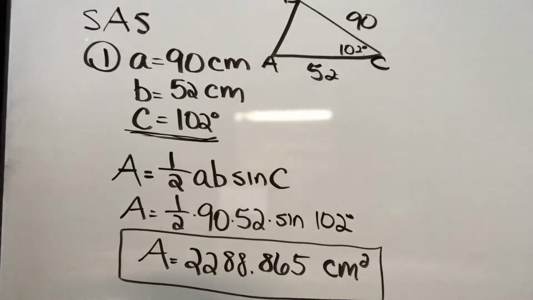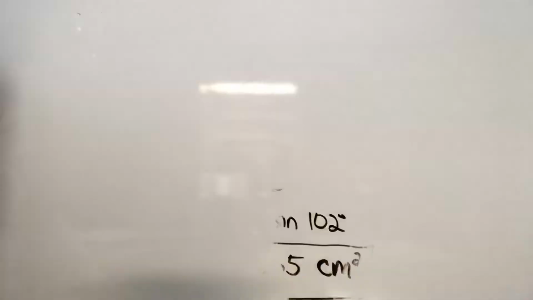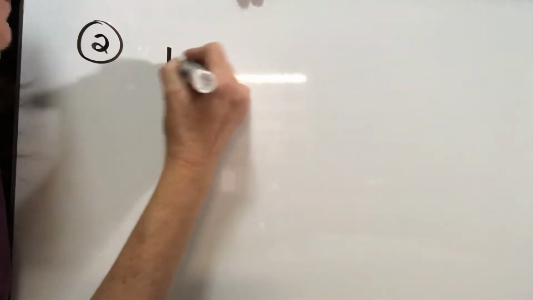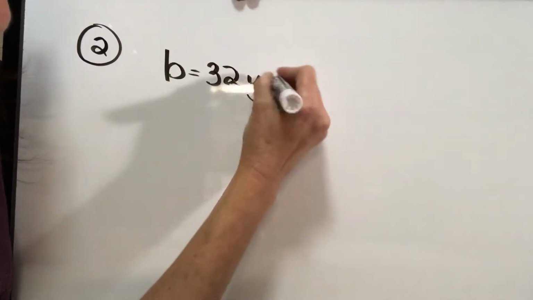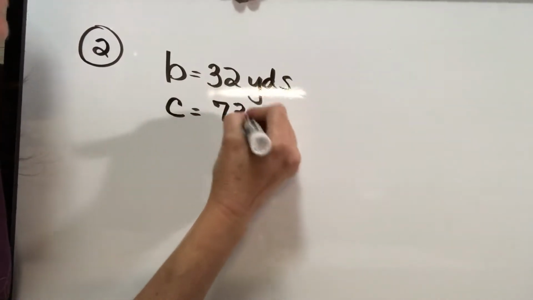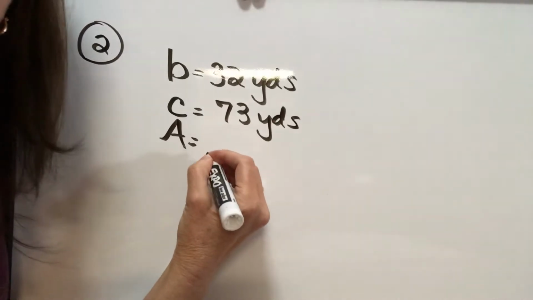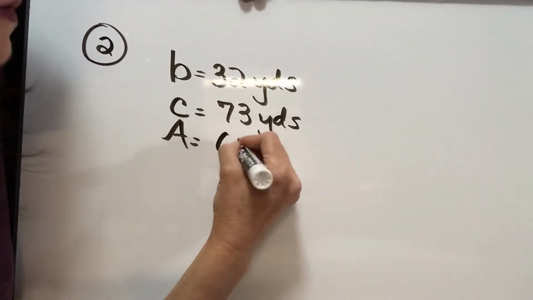Not bad at all. So number two is similar. It's just that we have different information that we're given. So for number two, let's see what happens. We've got B is 32 yards. And we have C is 73 yards. And we have angle A is 64 degrees.